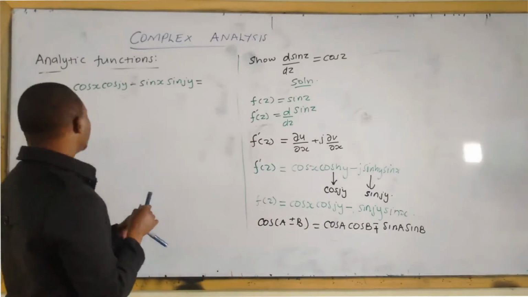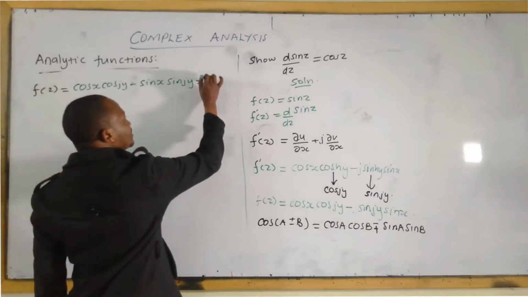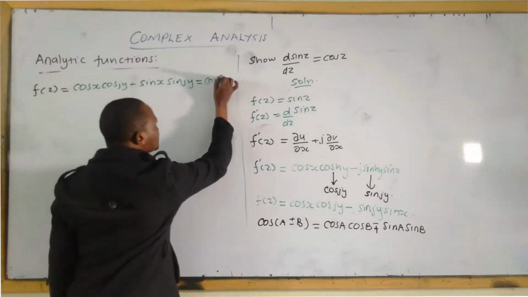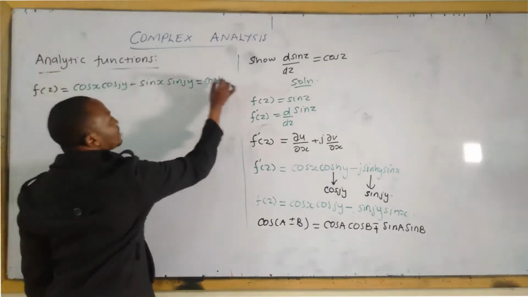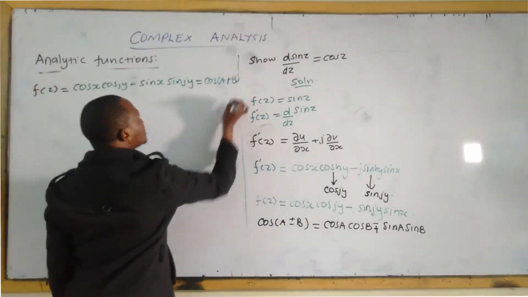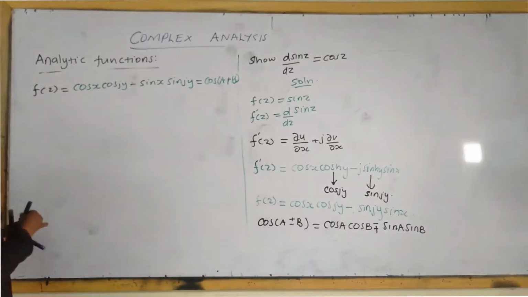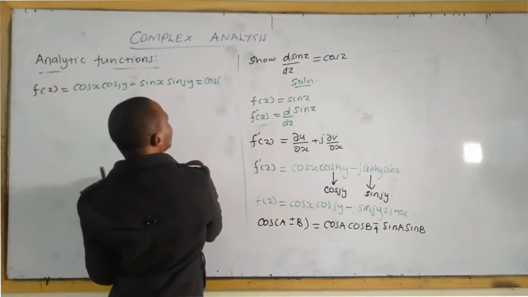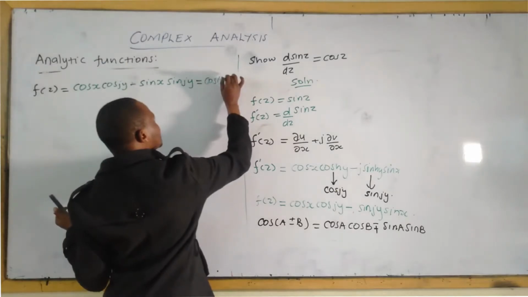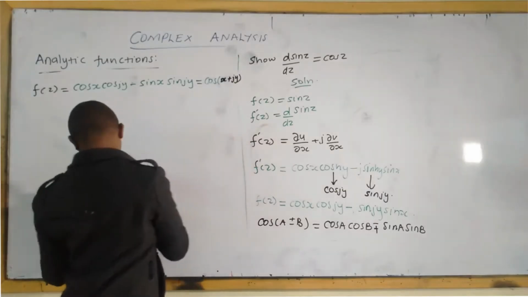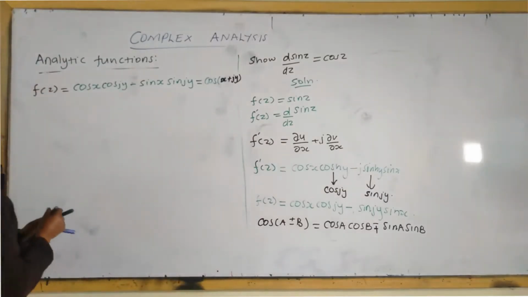It will be cosine of x, A is x, sign is negative, it becomes positive, jy is B. So you can finally say our A is x and our B is jy.